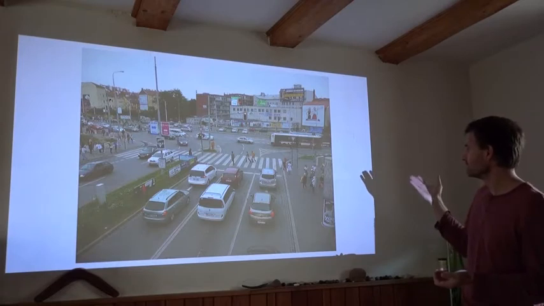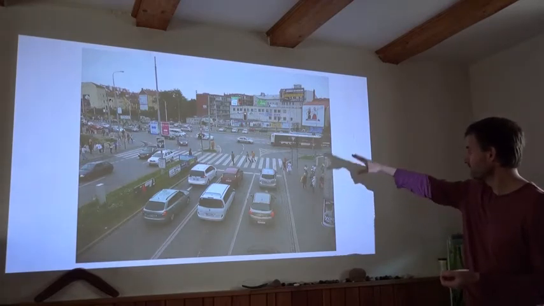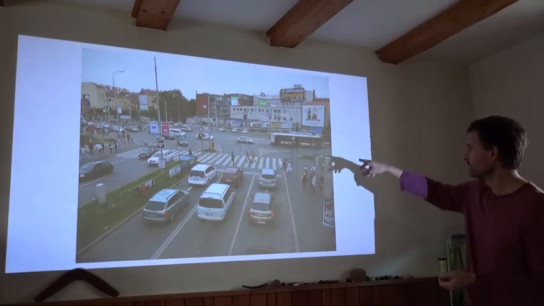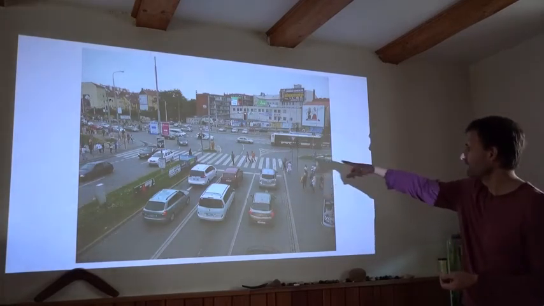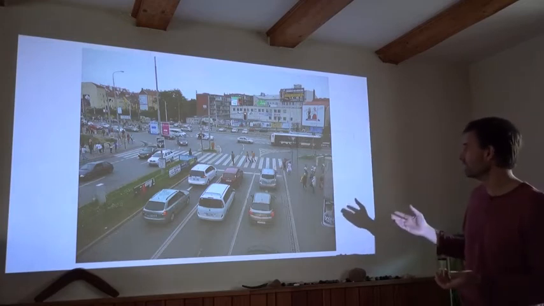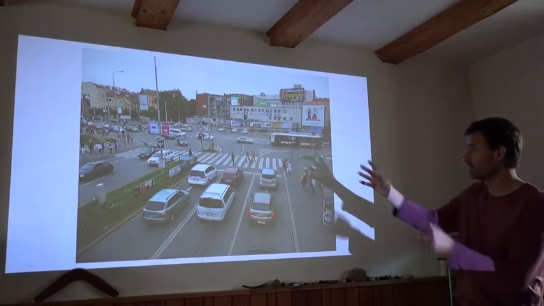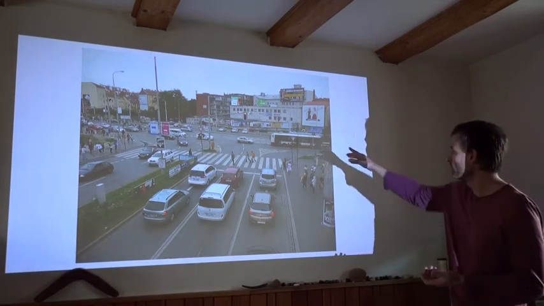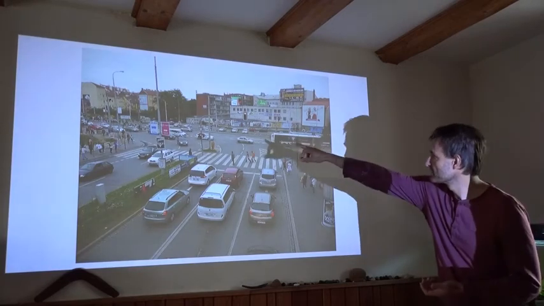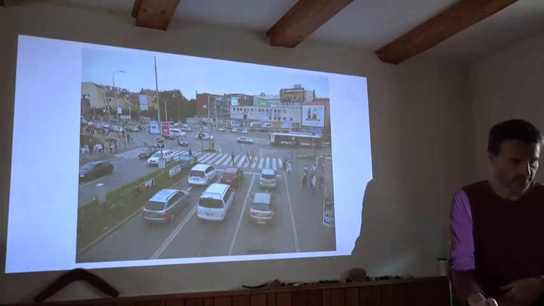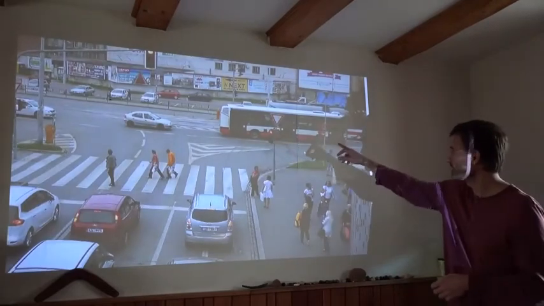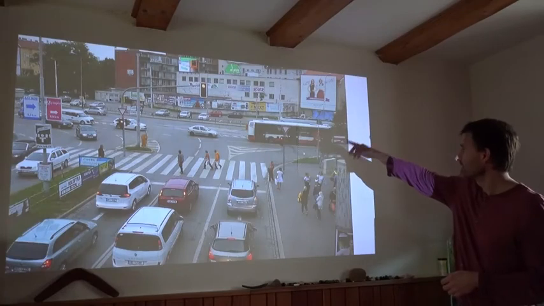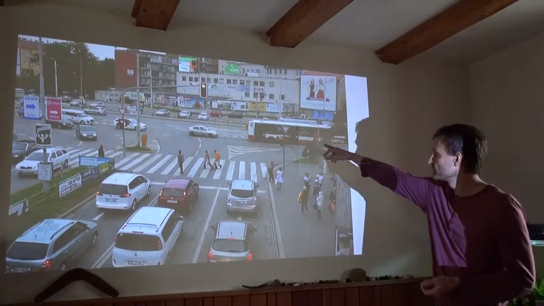Why are these people here and not in the road, and why do these people cross at the crossing and not anywhere? And why is there this triangle sign, if you can see it? Why these triangles? Does it have any relationship with the red light?